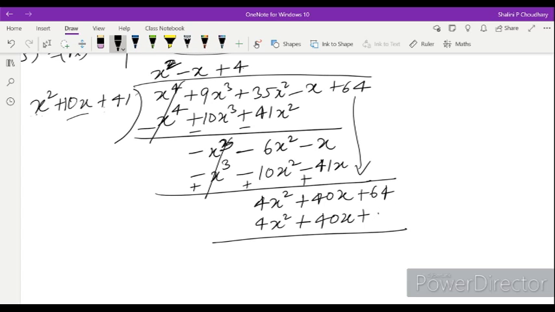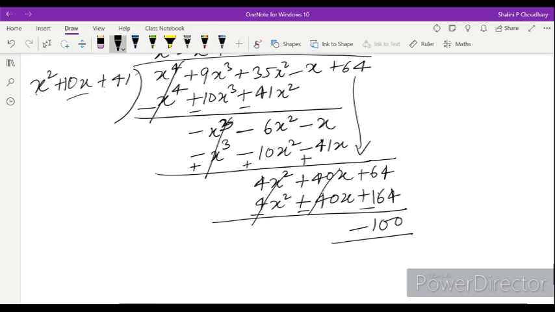Sorry, 41 into 4 will be 164, right? So minus, cancel, and minus 164 plus 64 will be minus 100.